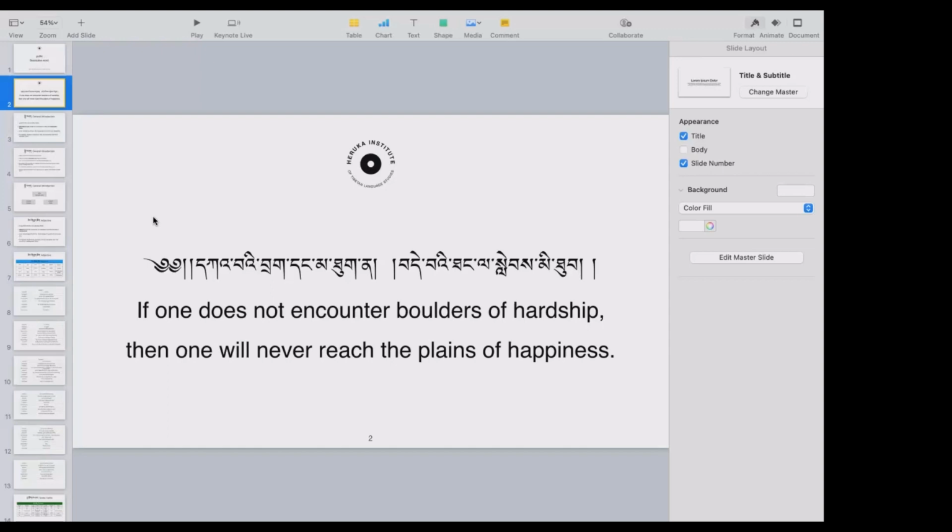Meaning that if one desires a peaceful and a happy life, then one should first be met by different types of challenges, different types of hardship in life.